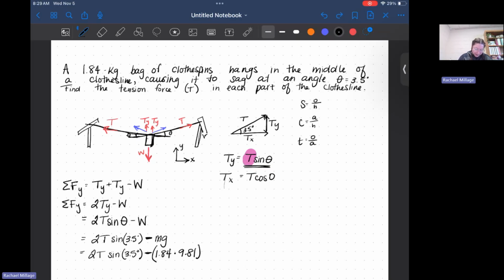Now we can start condensing terms. So the sum of forces in my y direction is equal to 2T sine theta, which I'm going to pull out my handy dandy calculator.